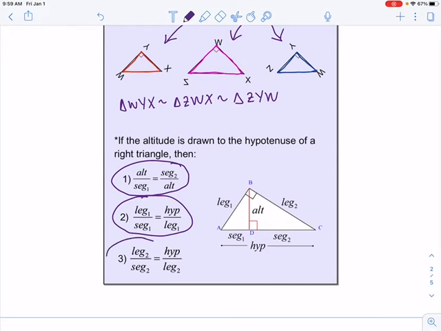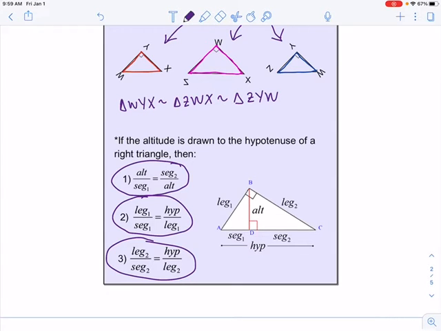There are three different ones I can say. The altitude over segment 1 equals segment 2 over the altitude. Leg 1 over segment 1 equals the hypotenuse over leg 1, or leg 2 over segment 2 equals the hypotenuse over leg 2.